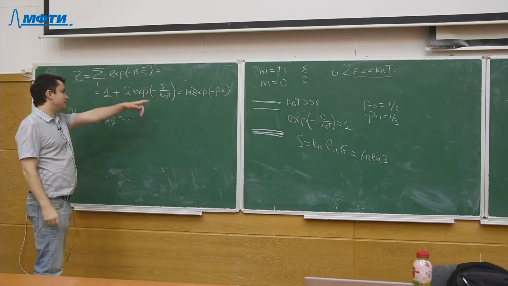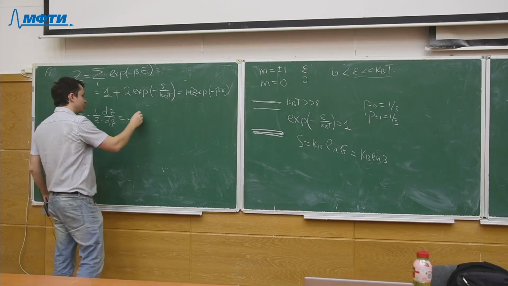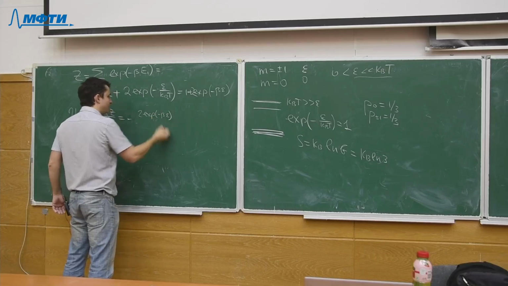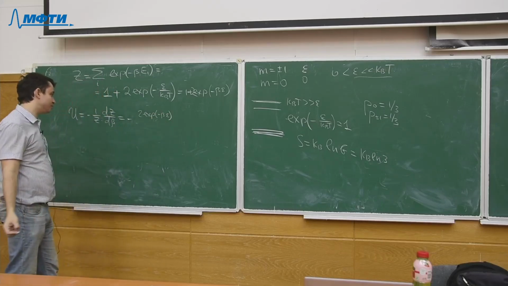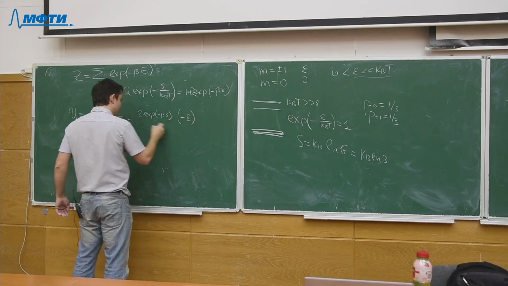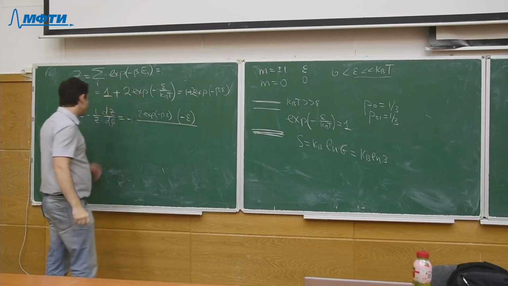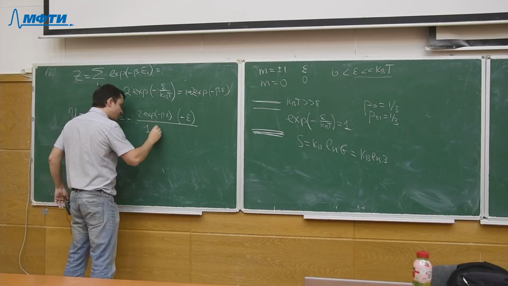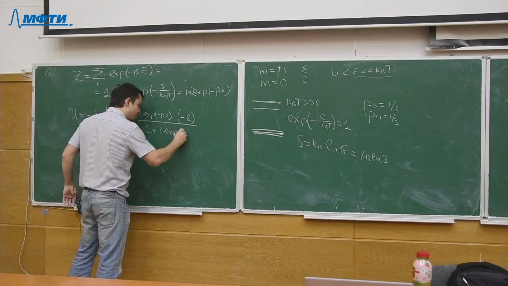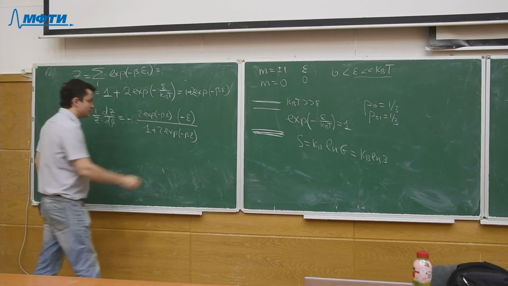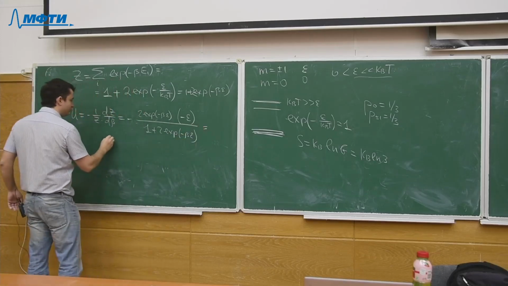So if I calculate the derivative of this function, I should have first 2 exponents of minus beta epsilon. And since I calculate the derivative with respect to beta, I should multiply all of this by minus epsilon. And also, I should divide this by Z, so I should also put 1 plus 2 exponents of minus beta epsilon in the denominator. So altogether, that gives me the following result.